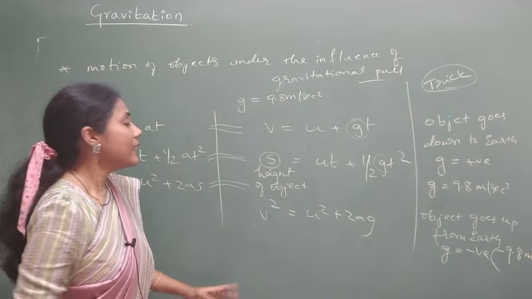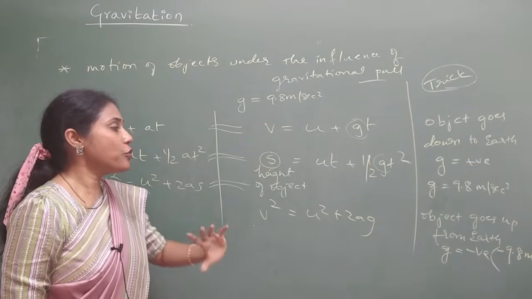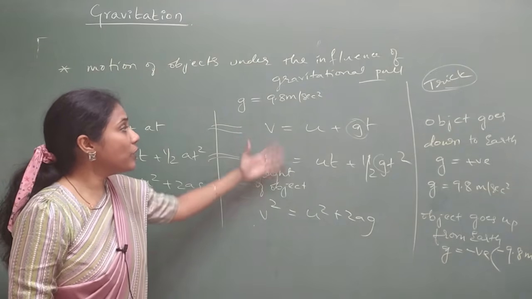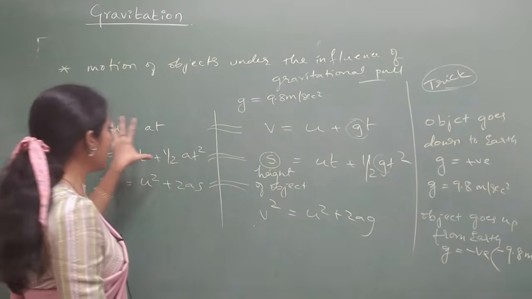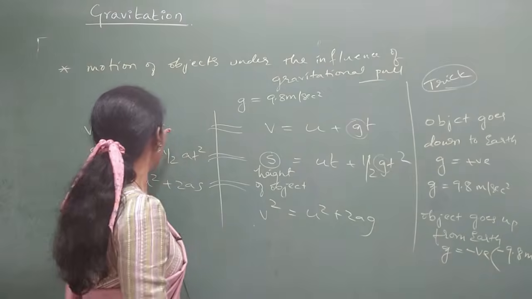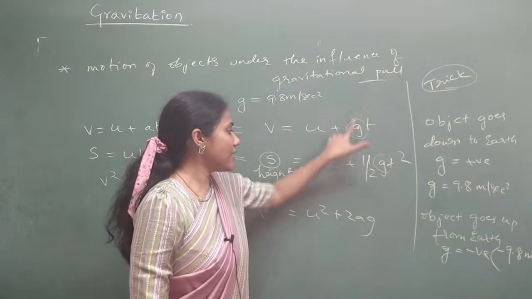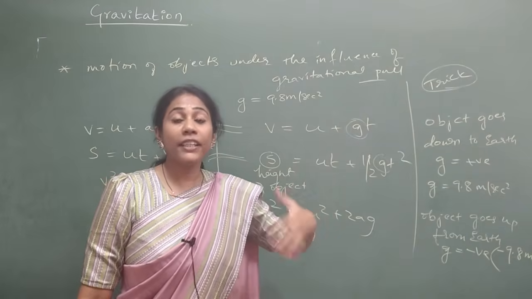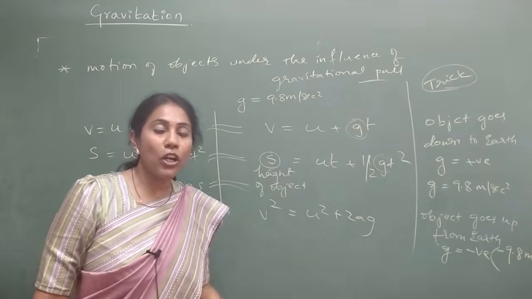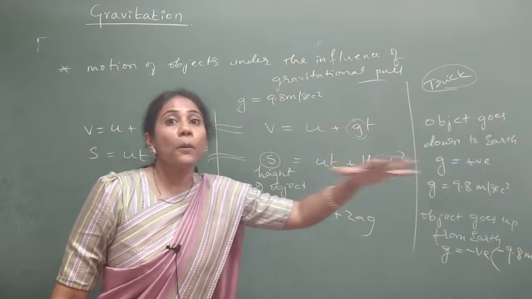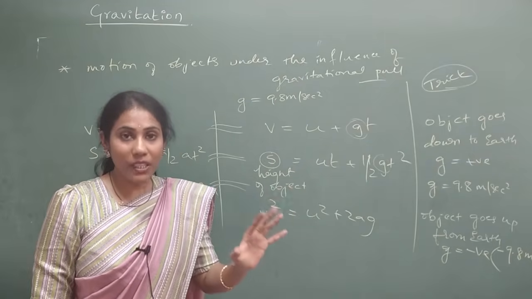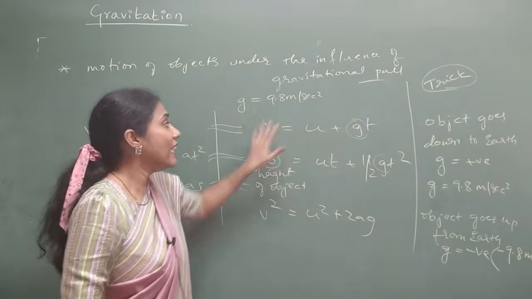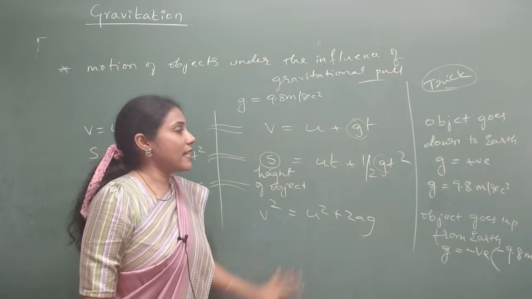So here the same formulas you can use to solve the problems of this chapter. What is the difference between this and this? Only here a was there, here g, acceleration due to gravity, we are using. So for any object falling due to gravity, falling down or going up, when you have to calculate motion related aspects, these formulas have to be used.